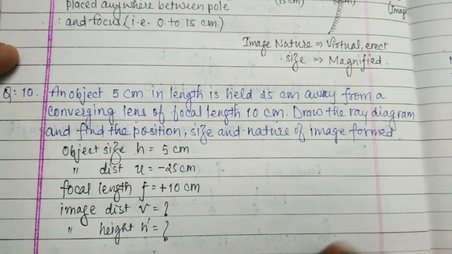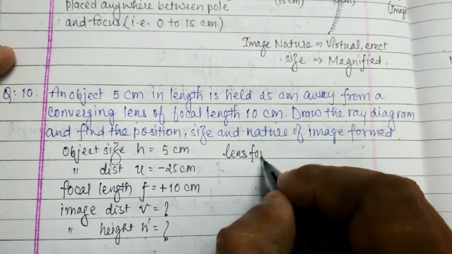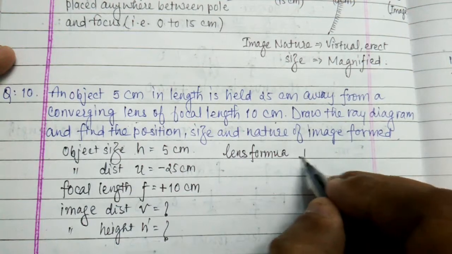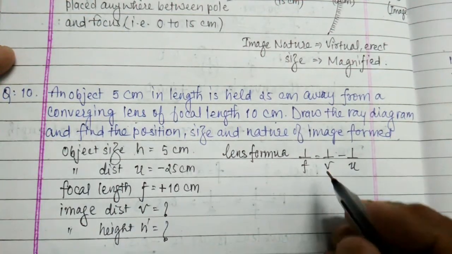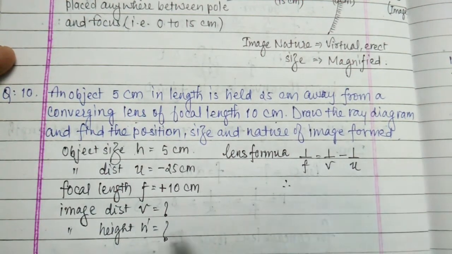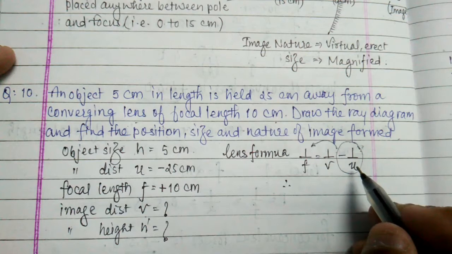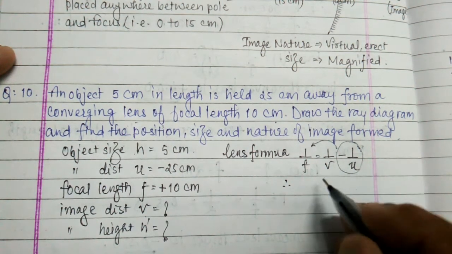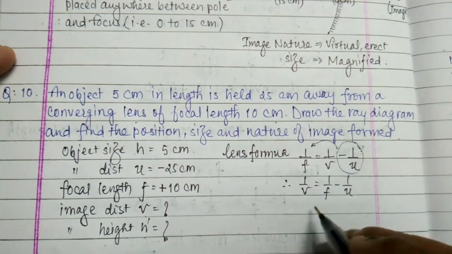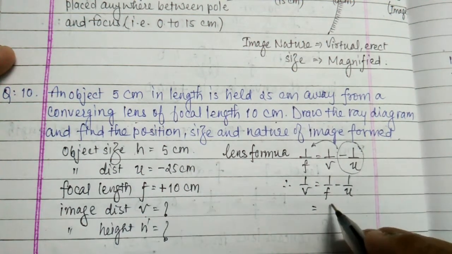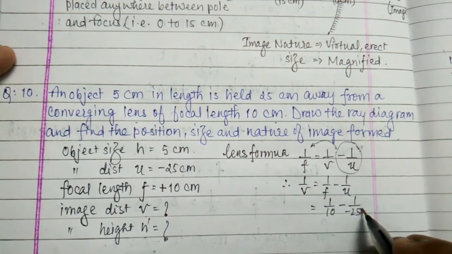Now, formula of lens. 1 upon F is equal to 1 upon V minus 1 upon U. There we have to find V. So change the side of minus 1 upon U. So it is 1 upon V is equal to 1 upon F minus 1 upon U. 1 upon F, 1 upon 10, minus 1 upon U, minus 25.